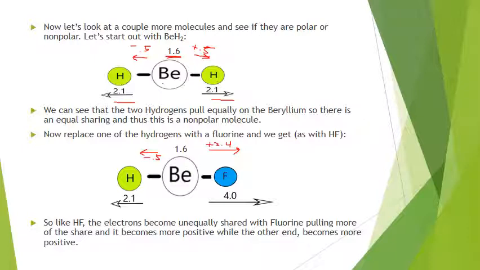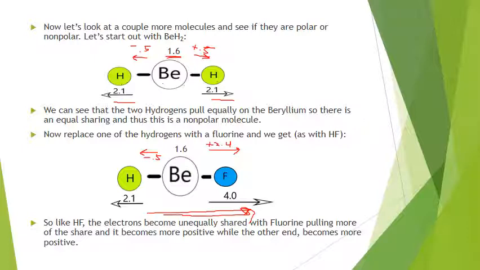In this case, the fluorine is going to outweigh the hydrogen, and overall the electrons are going to be pulled towards the right by the difference between these two, which is 1.9. And so this molecule is a polar molecule. That's because of the fluorine.